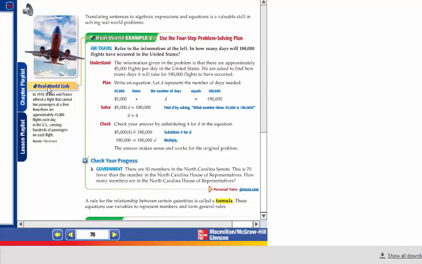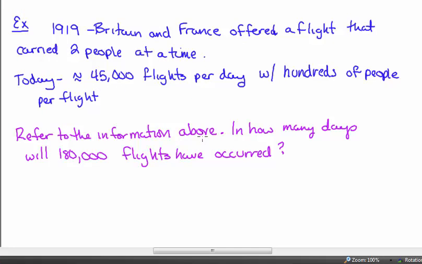There's this information right here. They say to refer to the information at the left. I wrote it down up top, so I changed it to above. And it said in 1919, Britain and France offered a flight that carried 2 people at a time. Today, approximately 45,000 flights per day with hundreds of people per flight occur. Now, it says to refer to the information and determine in how many days will 180,000 flights have occurred.